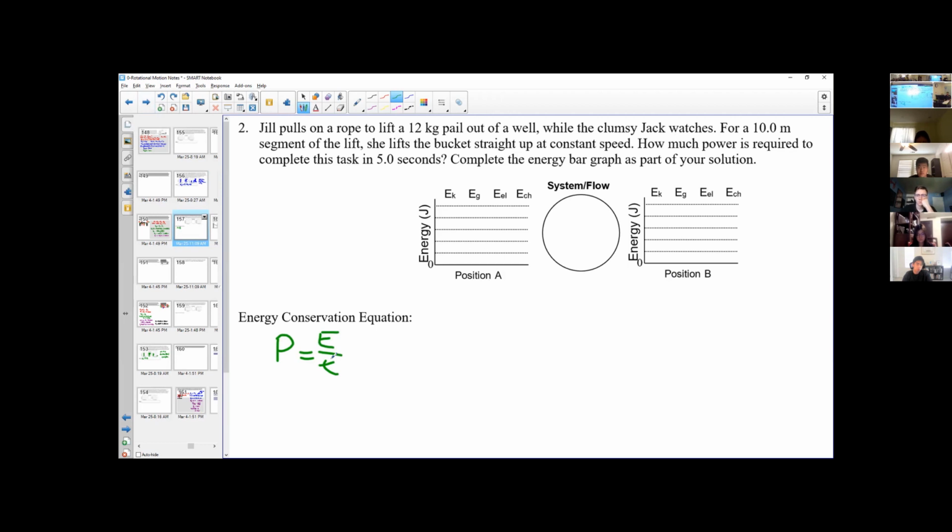And at the end, there is a lot of gravitational because it got out of the well. So it went up. So there needed to be work. In the system, there is the bucket, there's the earth, and then there's work on it that's by Jill.